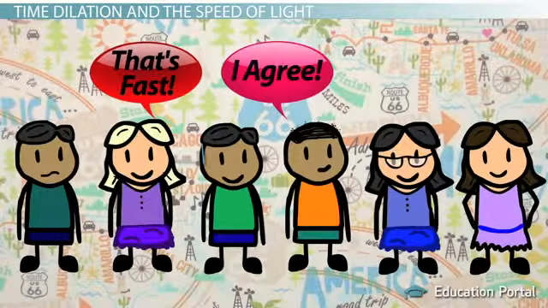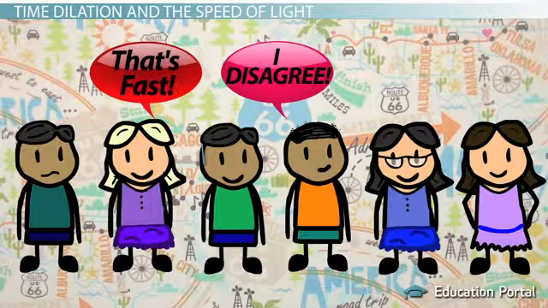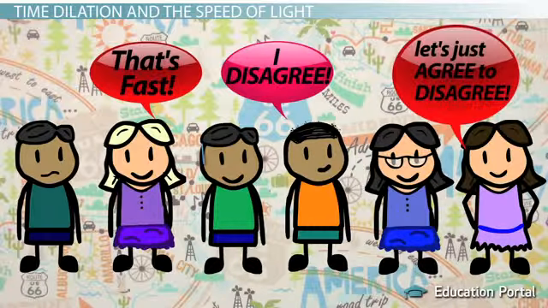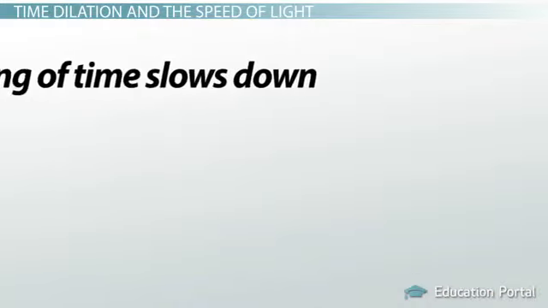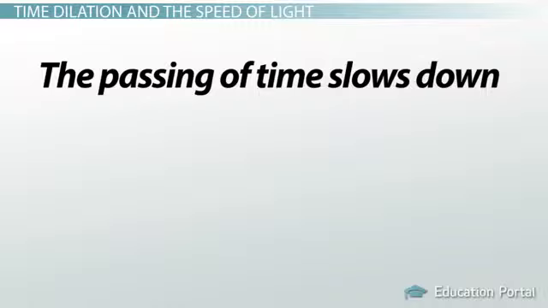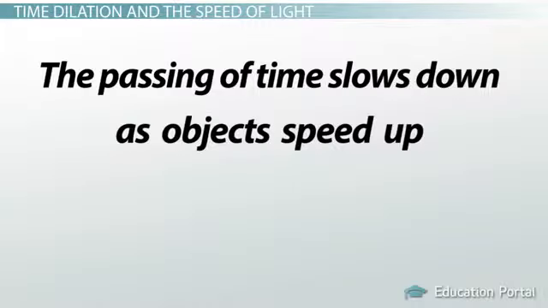So even though the observers agree that the speed of light is always c, they do not agree on time. According to the stationary observer, time has slowed down for the fast-moving ship. In other words, the passing of time slows down as objects speed up. The slowing of time at high speeds helps the observers agree on the speed of light.